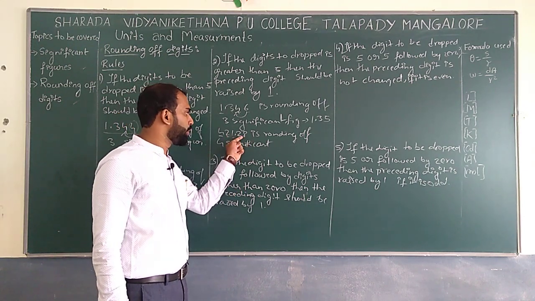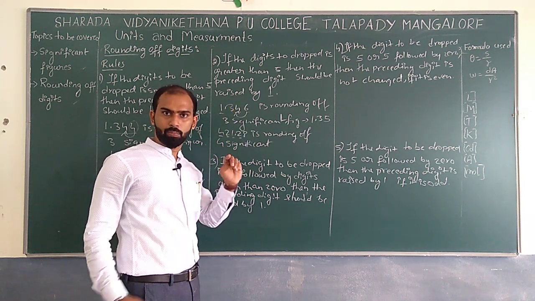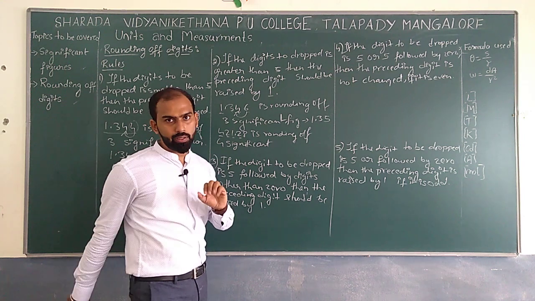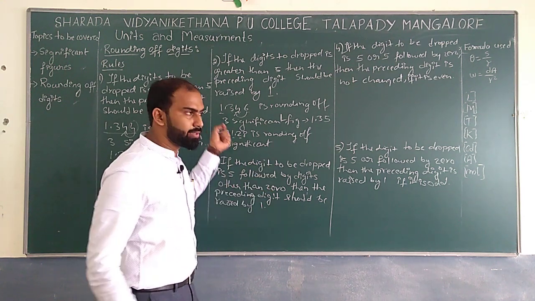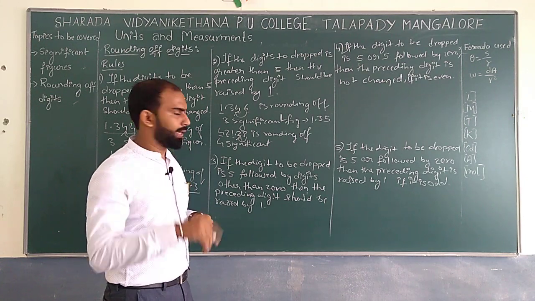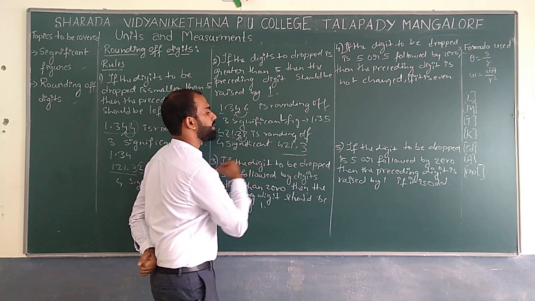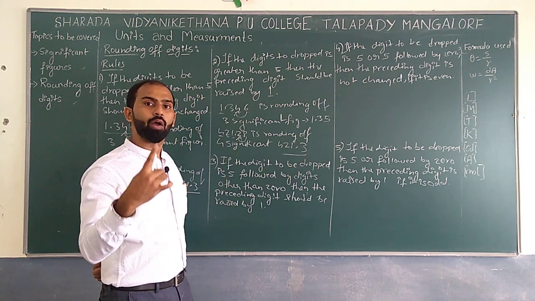So the number which we are going to drop is 8. It is obviously greater than 5. If it is greater than 5, the previous digit should be raised by how much? 1. So 421.3 is my answer. I hope you are getting it.